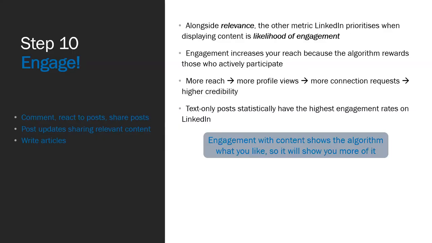So if you participate, then your engagement will automatically increase. And we're going to get to how that looks just now as well. But more reach means more profile views, means more connection requests, which in turn eventually leads to higher credibility. And this doesn't have to be complicated.